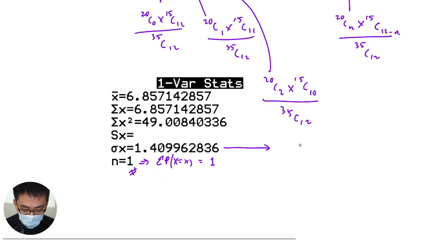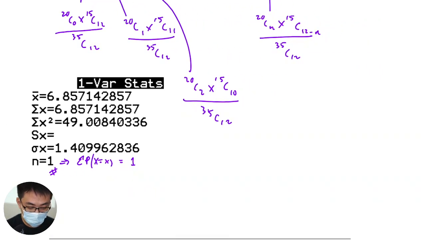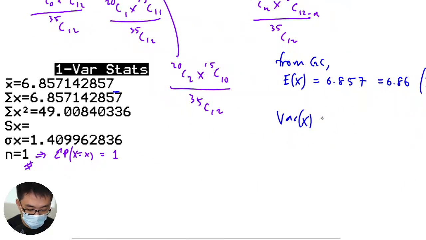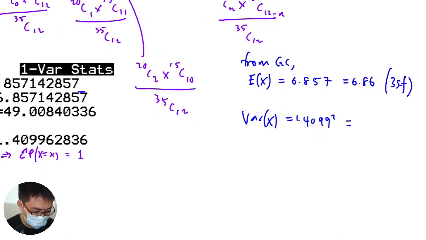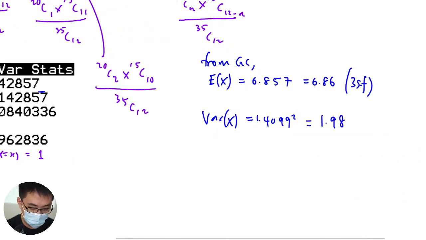So E(X) from the calculator is 6.857, which is 6.86 to 3 significant figures. Then Var(X) is 1.4099 squared, so you just square this, which gives 1.9899.